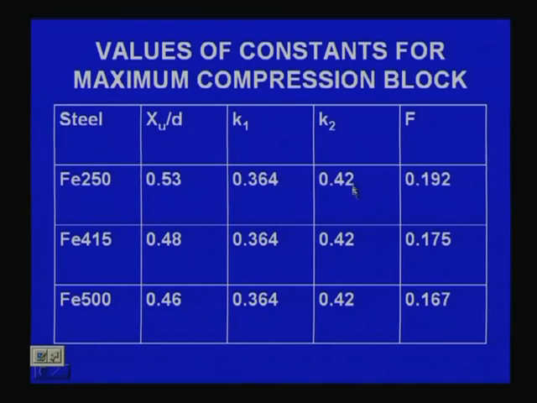Similarly, K2 is the same, 0.42, for all the cases, and F is 0.192, 0.175 and 0.167. For different steel we get different limiting values. At least we should note down 0.175.